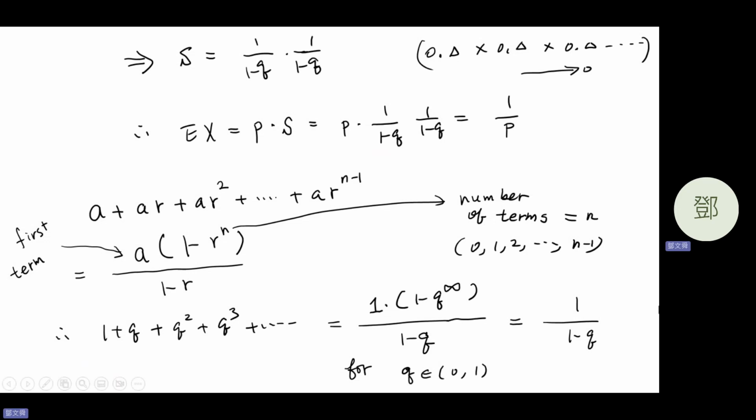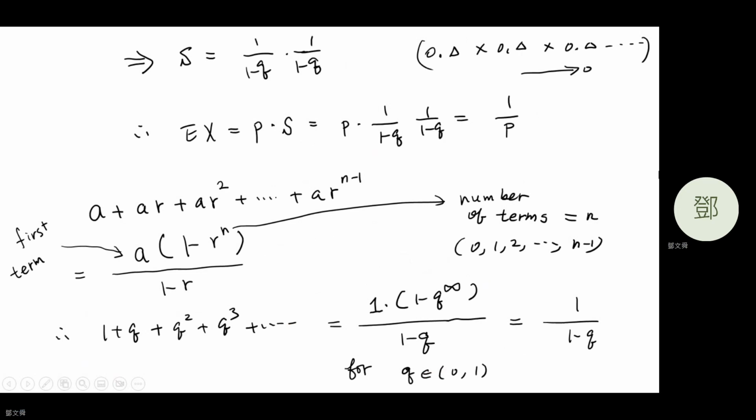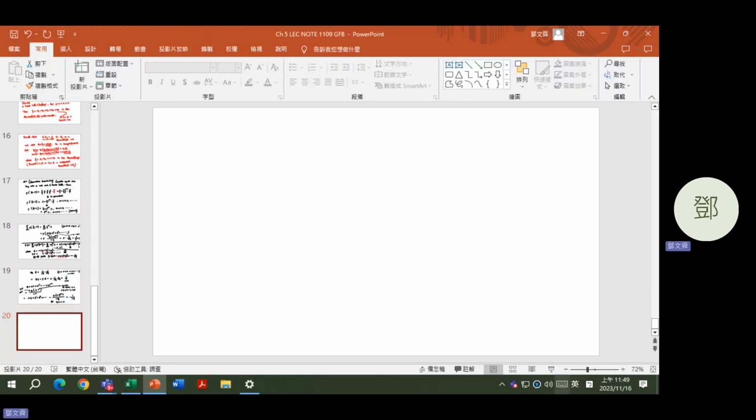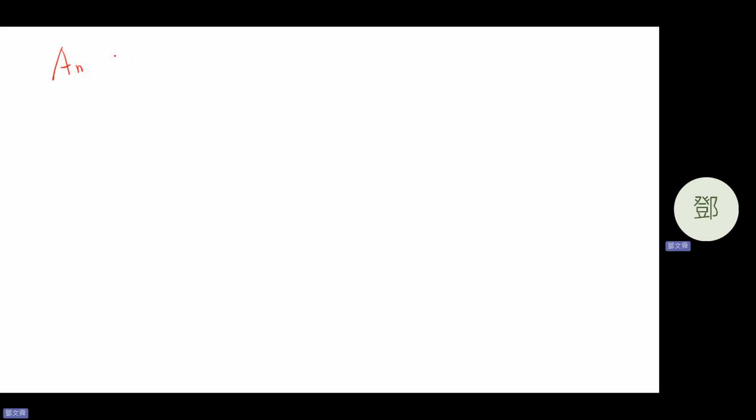Any question? Yeah. So here, let me give you an interpretation of how to understand the formula.